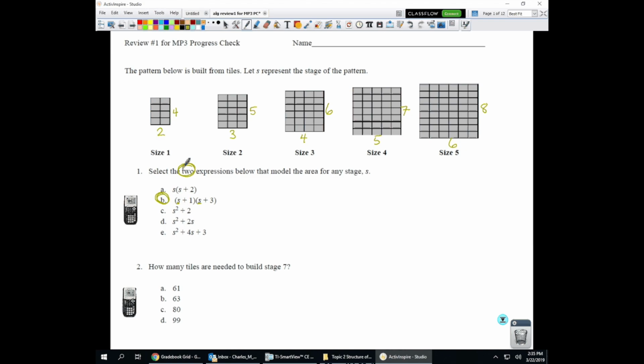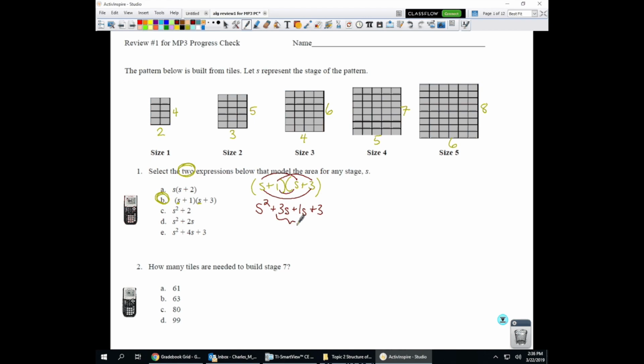So one way I could do that is, since I'm pretty confident that this product of binomials is correct, it's size plus 1 times size plus 3, I could just FOIL that. I could say s plus 1 times s plus 3, and I can multiply those and say s times s is s squared, s times 3, 3s, 1 times s, 1s, 1 times 3 is 3.